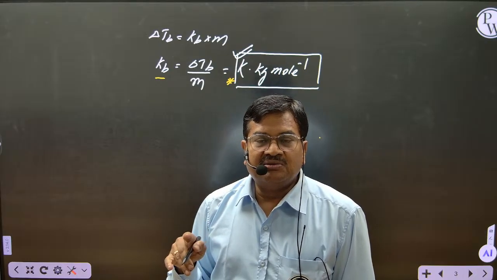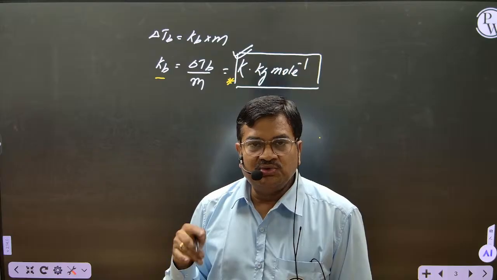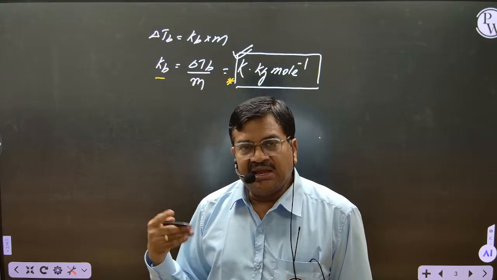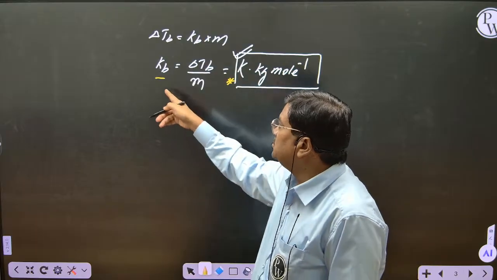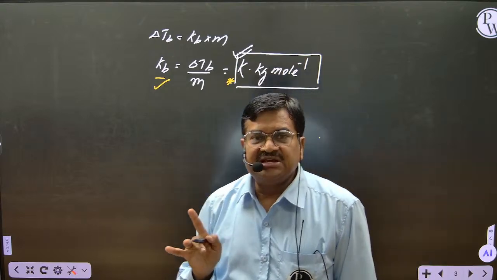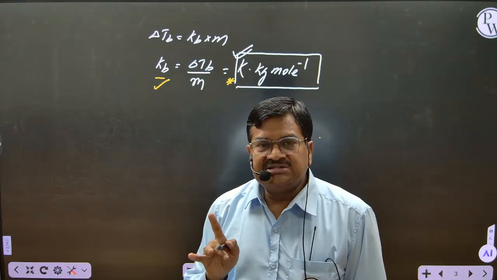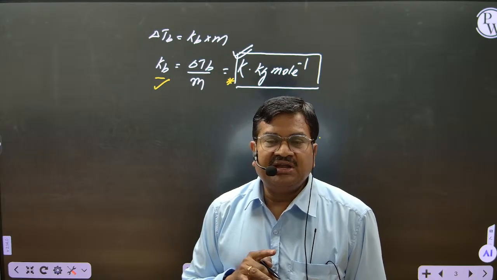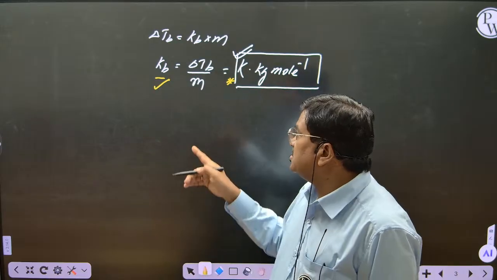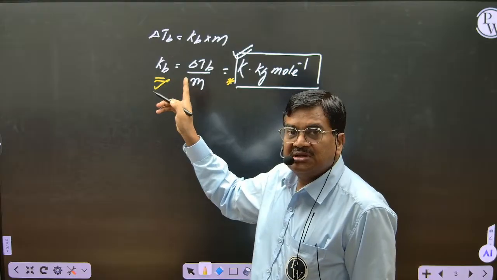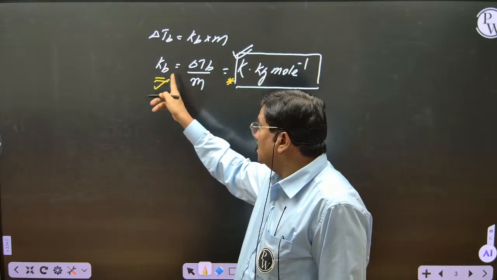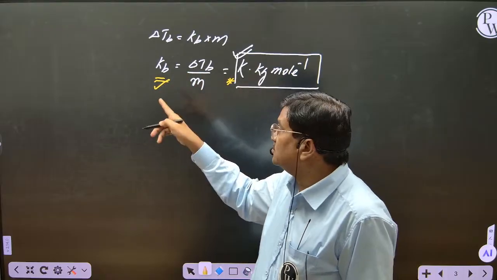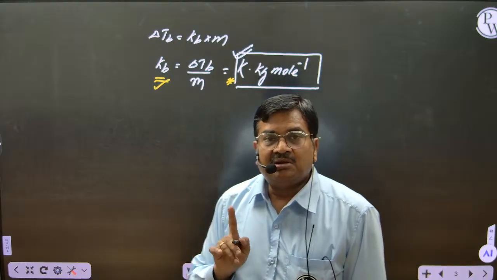Irrespective of the solute you dissolve, suppose in water I am adding urea, or sucrose, or NaCl, whatever solute you add, my Kb value will never change. It varies only from solvent to solvent but not with solute.